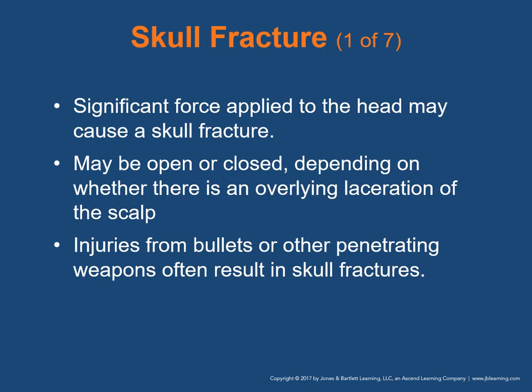Now let's talk about skull fracture. Significant force applied to the head may cause a skull fracture. A skull fracture may be open or closed depending on whether there is an overlying laceration of the scalp. Injuries from bullets or other penetrating weapons frequently result in fracture of the skull.